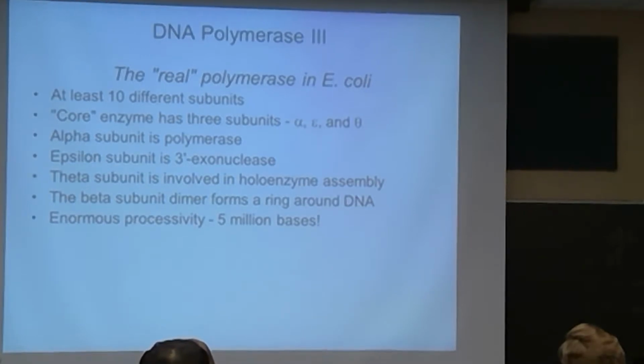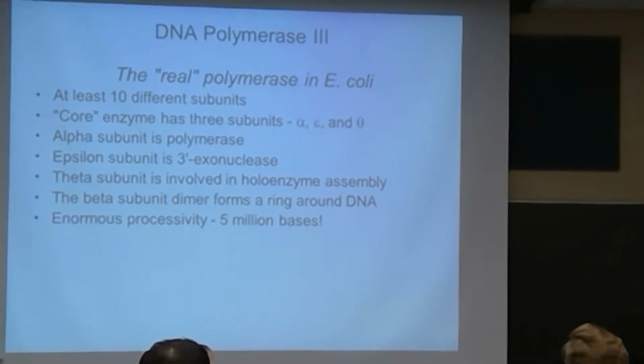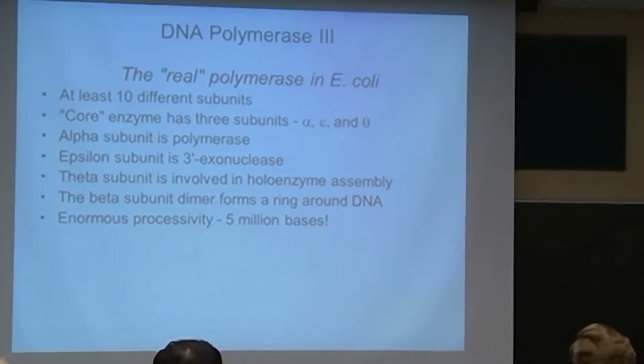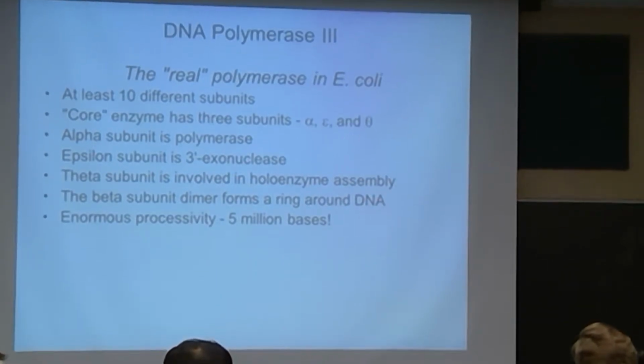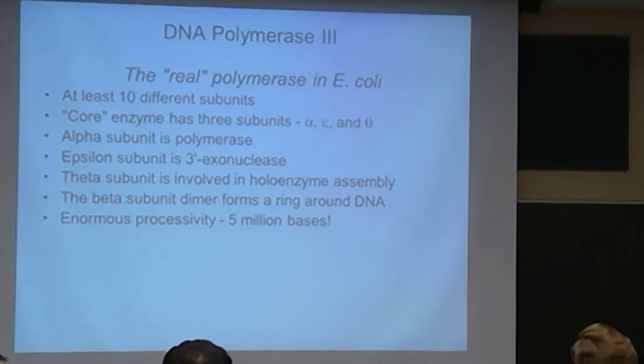Okay, so polymerase 3 is the real polymerase in E. coli. It's a multi-subunit protein, but we are not getting into detail. At least 10 different subunits are present in Pol 3.